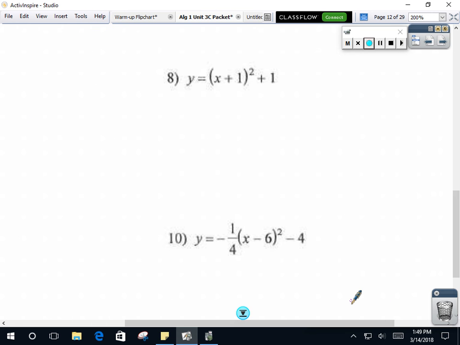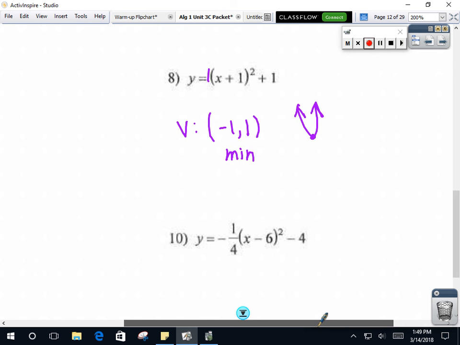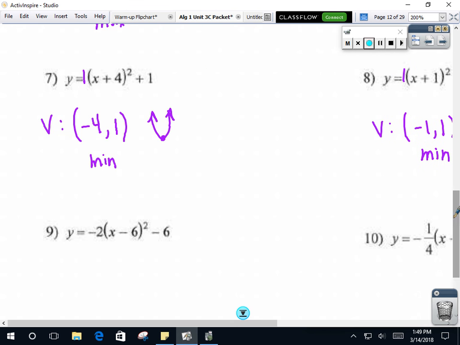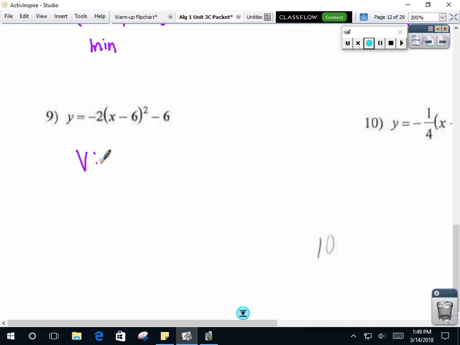Number 8, what is the vertex? It does open up because your a is a positive 1, and that makes this vertex a minimum. All right, number 9. What is the vertex? Does this parabola open up or down?